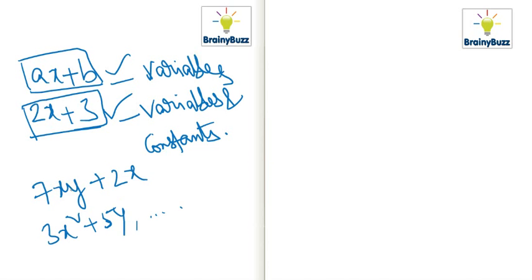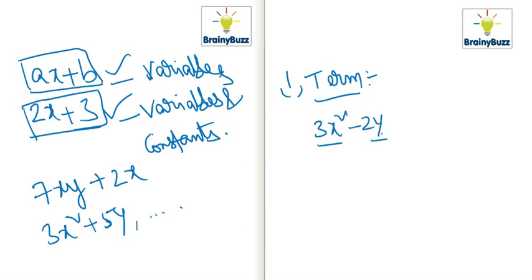Now there are some basic definitions related to algebraic expressions. First of all, term. What is the term? The term means letters and numbers connected by multiplication, division or powers. For example, 3x square minus 2y. Here there are two terms. One is 3x square and another is 2y. These are the two different terms.